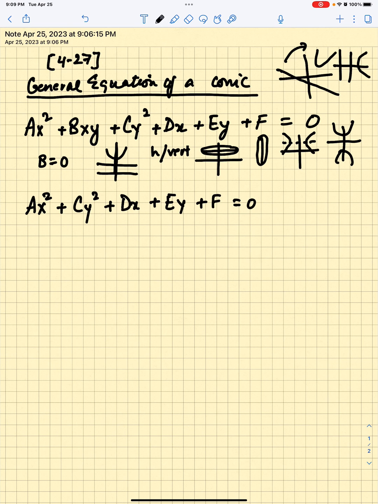Here you can see we've made new x and y axes. We've rotated the whole axis. So in our cases, we are always dealing with the b term being 0.